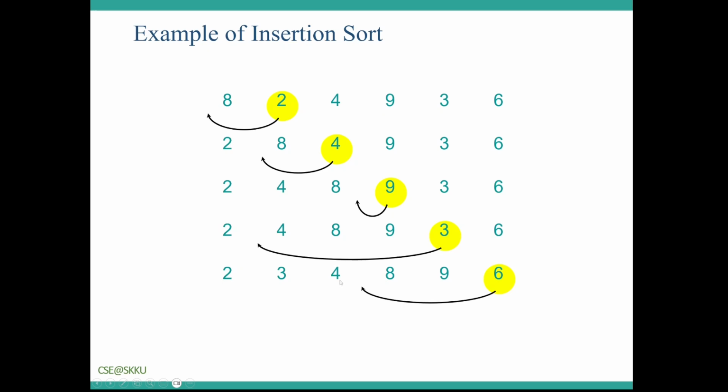So the updated sorted list is 2, 3, 4, 6, 8, 9. And there is no remaining element to insert. So the insertion sort process is complete.